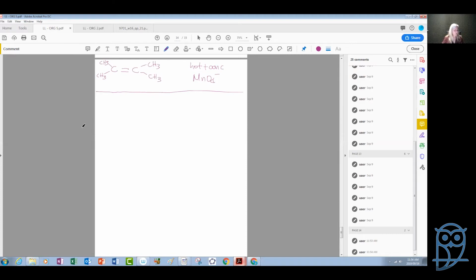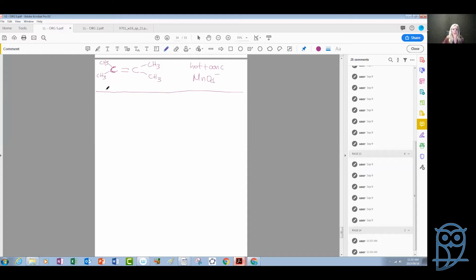Let us look first of all at the cases. The products can vary, and it could be a ketone or an aldehyde or carboxylic acid or carbon dioxide, depending on what is connected to one of the carbons of a double bond.